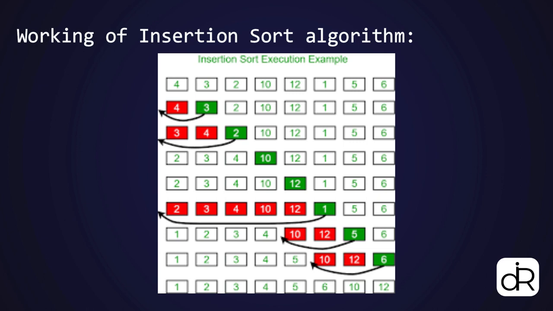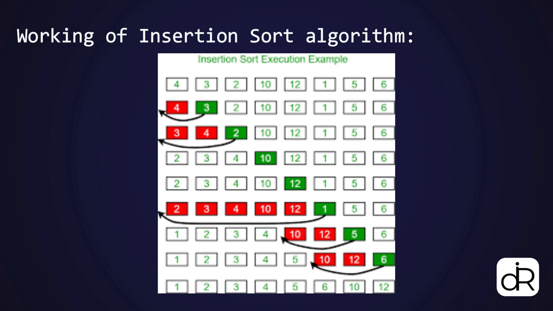What we're going to do in the insertion sort, we're going to compare the first two elements, 4 with the 3. In this case we have found that 3 is smaller than the 4. So we're going to insert the 3 at the beginning and push all the elements to the right. Again, we've got 3, 4, and 2.